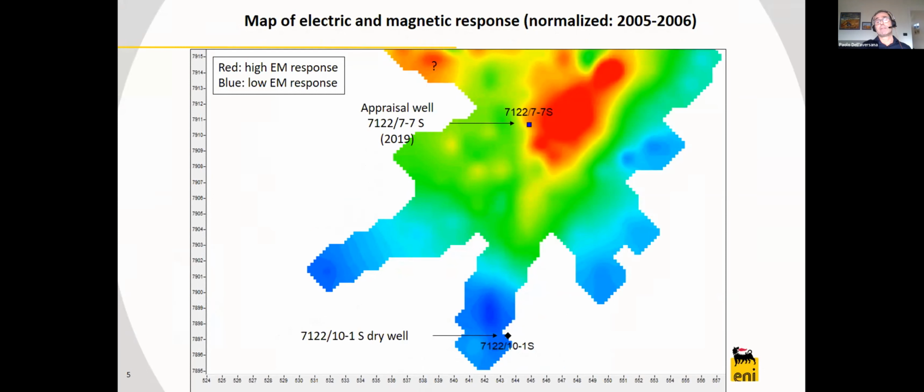And I projected the wells on this map, and you can see that the oil discovery in the upper part of the map falls in the high electromagnetic response, whereas the dry well is located in the low electromagnetic response. So this is again a fantastic prediction many years before drilling the wells.